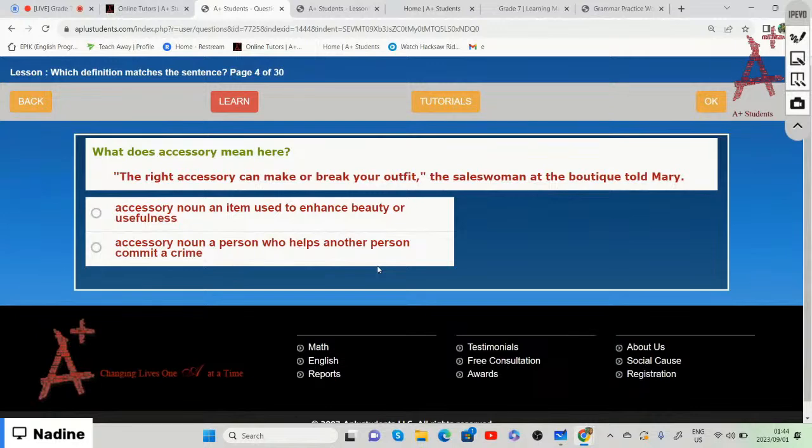Accessory, a noun, is an item used to enhance beauty or usefulness, or accessory, a noun, a person who helps another person commit a crime. So in this case, it is an accessory to enhance beauty or usefulness.